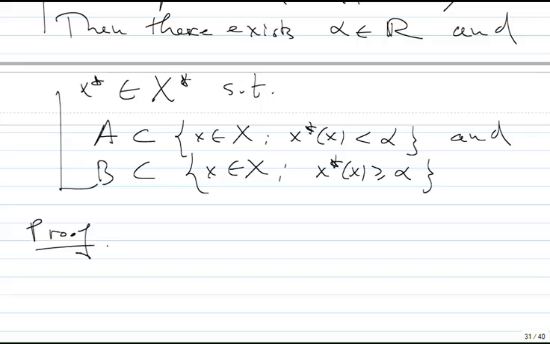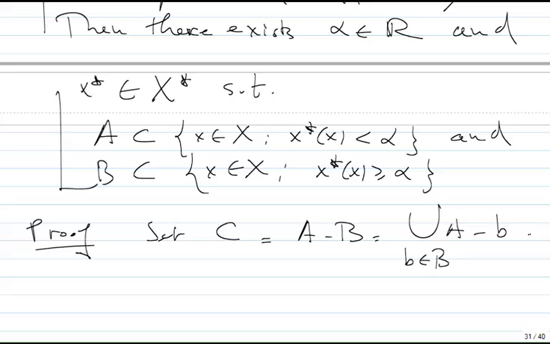Consider the set C equals A minus B. So this is the union of all A minus b, b belongs to B. Okay, since A is open, A minus b will be open by continuity of the addition and multiplication of scalars, but in this case it is the addition. So it's going to be an open set, and the union of open sets is open.